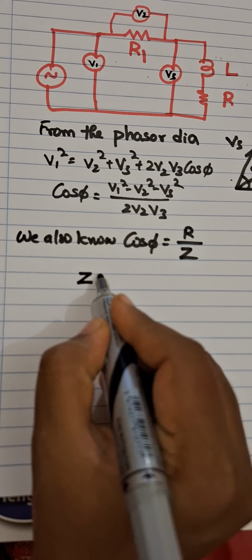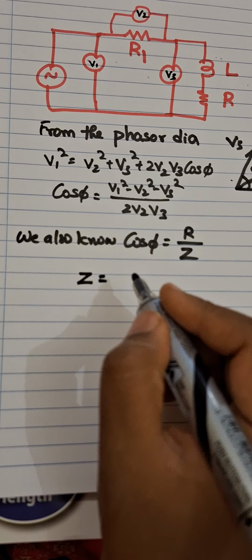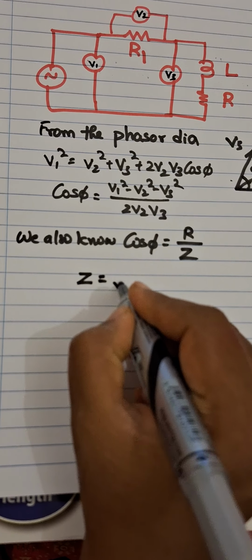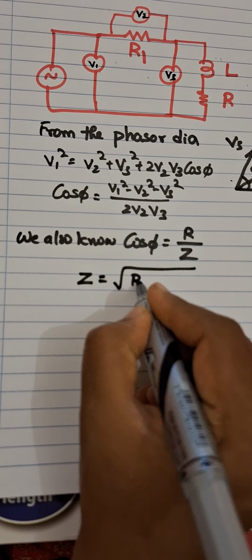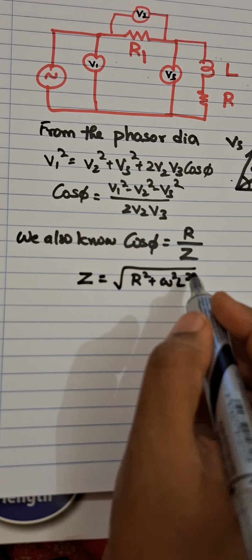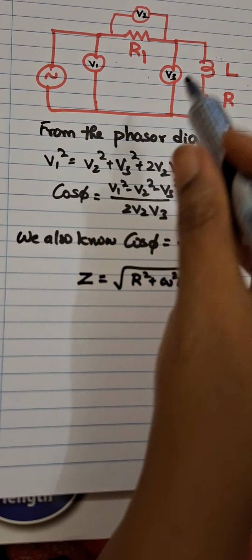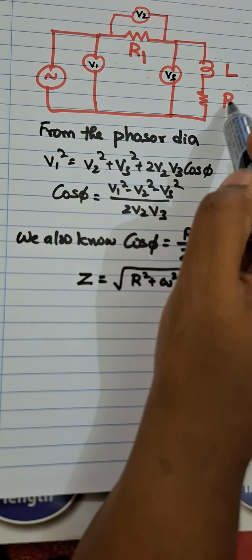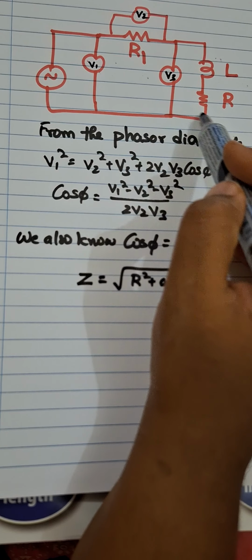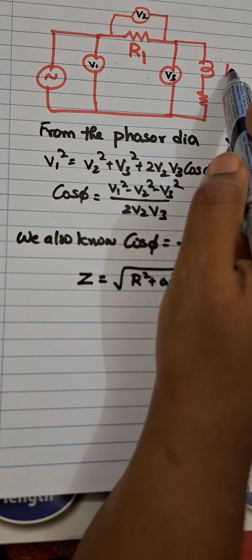What do you mean by impedance? Impedance Z is equal to the square root of R square plus omega square L square. Why are we writing this? From AC principles you have learned that impedance is the square root of the sum of the squares of the elements, R square plus L square.